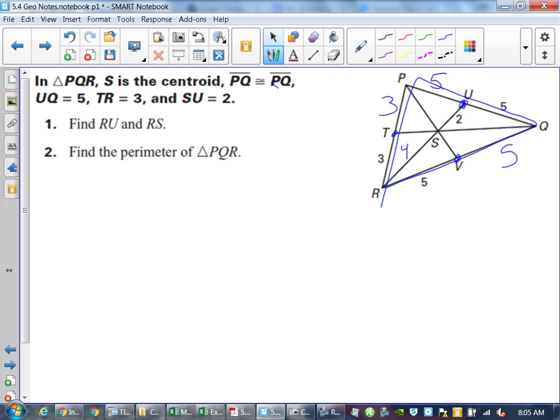And that's what happens a lot of times. Because when you start thinking about the whole median being equal to 2/3 of one part and 1/3 of the other part, it can get messy, okay? Because there are two ways of writing this out.